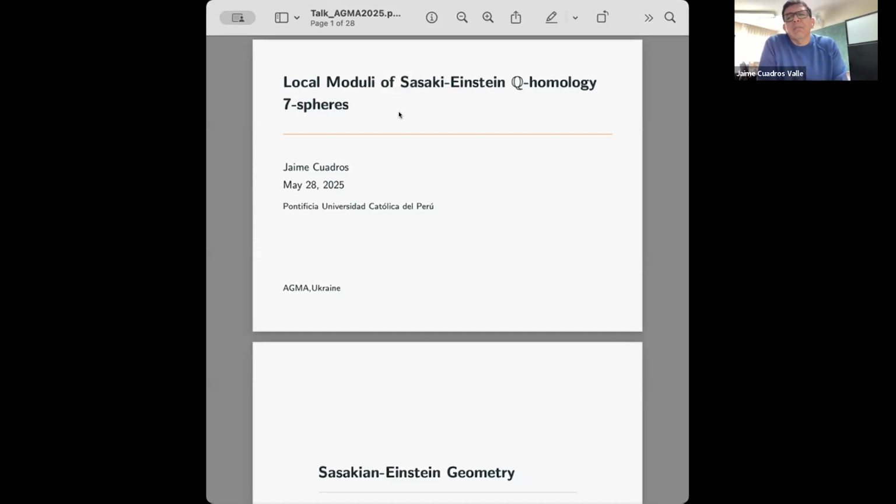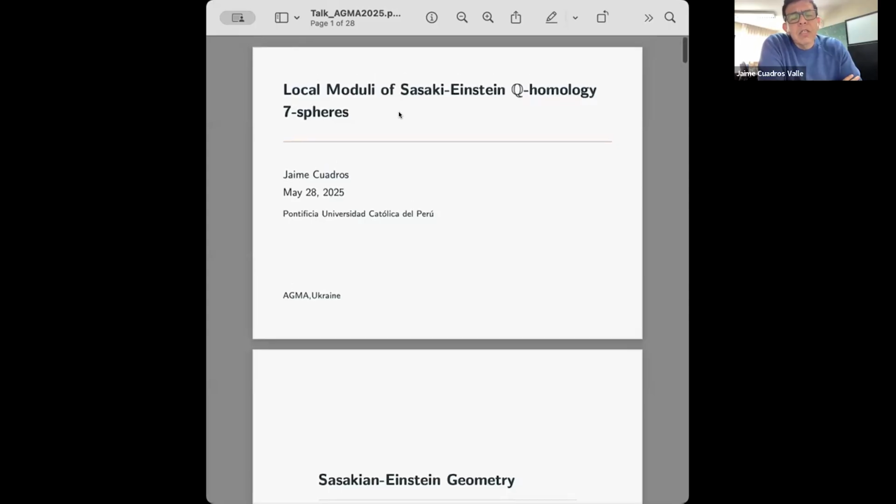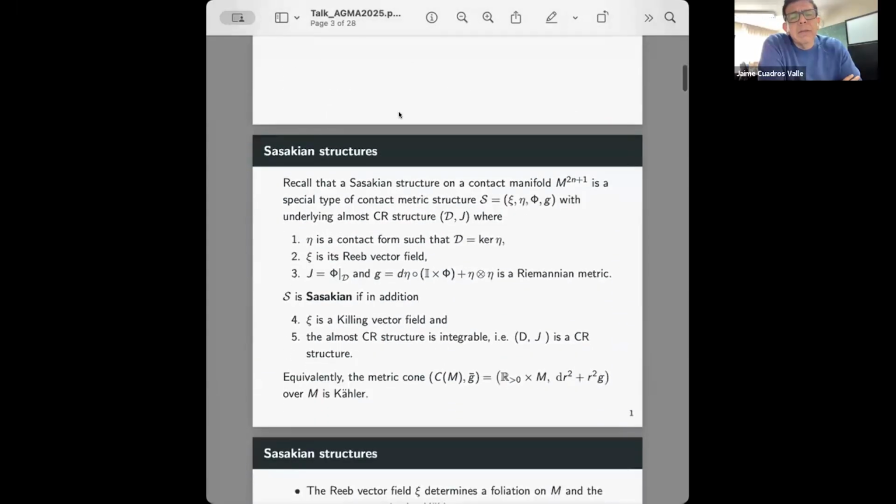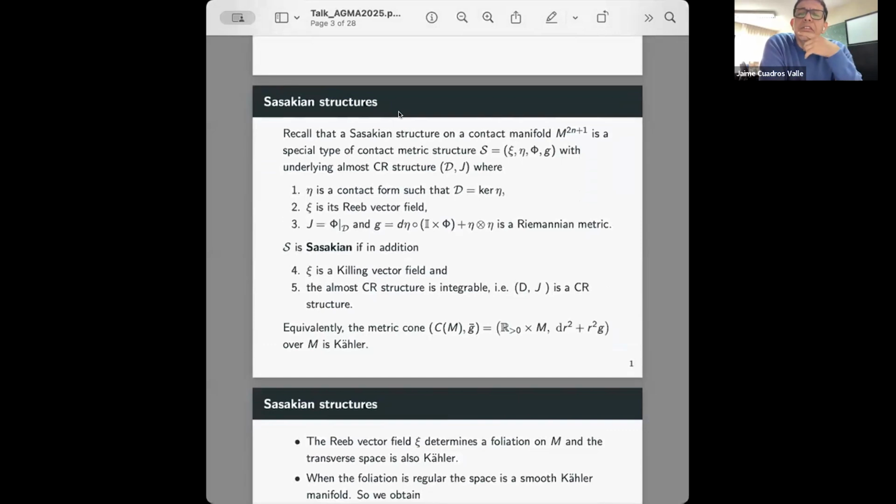So I will be giving some preliminaries on the subject of the Sasaki structures. And then I will try to explain briefly how we describe the local moduli of some interesting metrics on links of isolated hypersurfaces. So let me start with some differential geometry background.